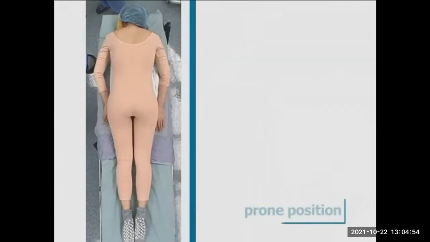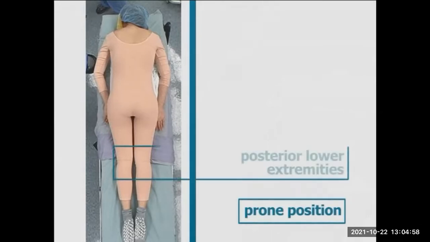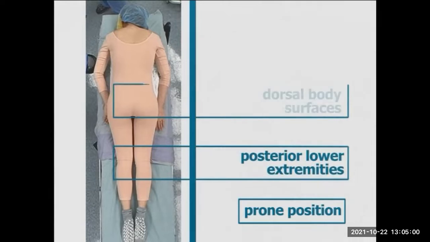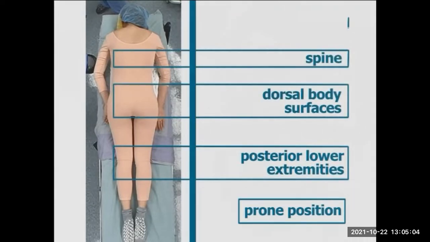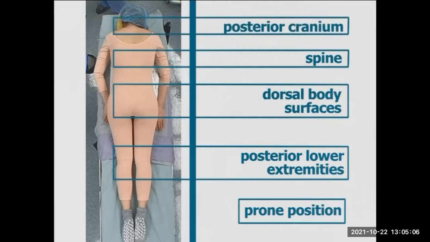Body regions that may be accessed with the patient in the prone position include the posterior lower extremities, dorsal body surfaces, spine, and the posterior cranium.